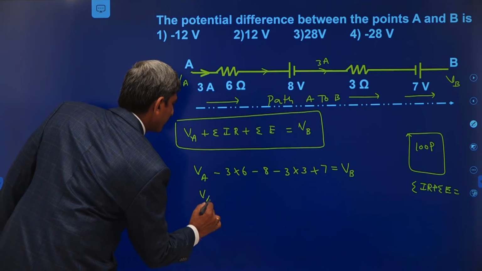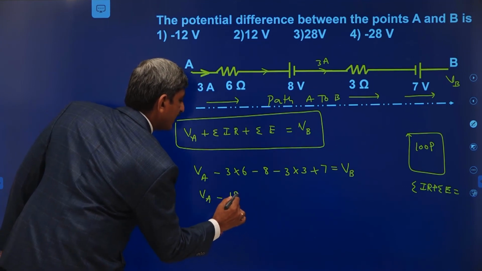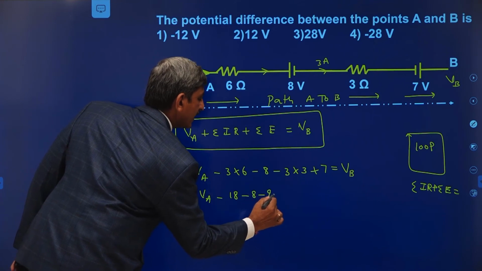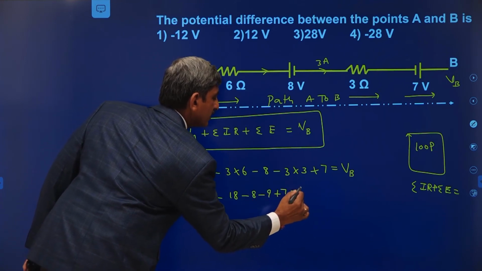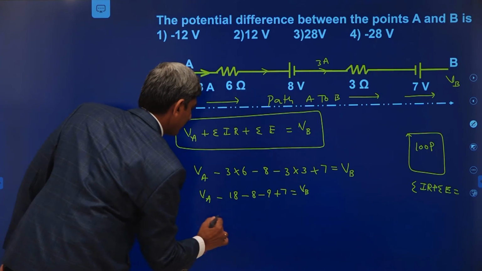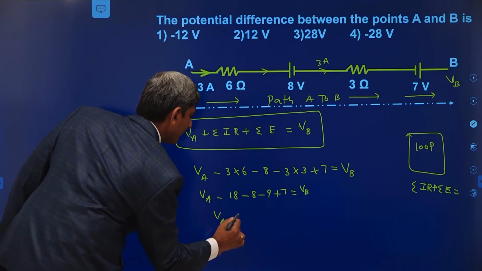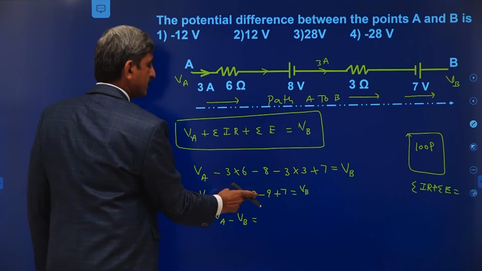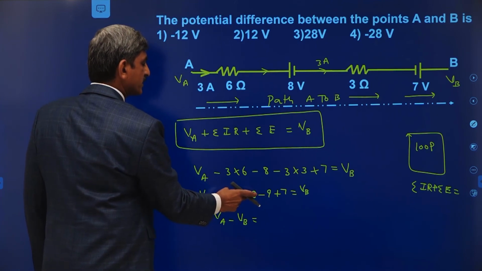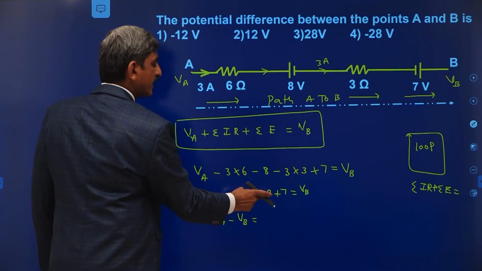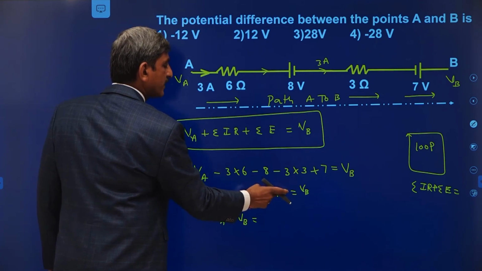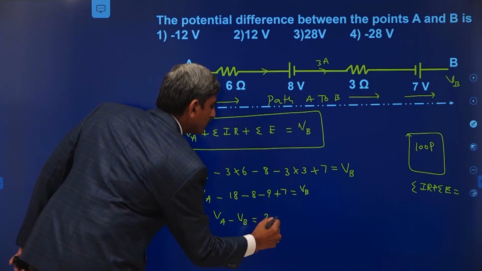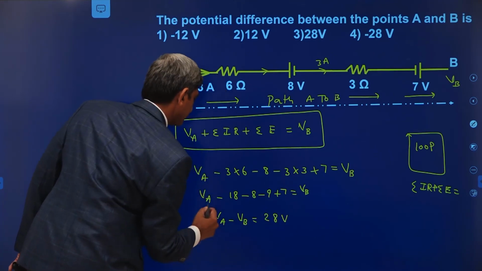So VA -18 -8 -9 +7 is equal to VB. From this, VA minus VB is equal to -18 -8 -26, -26 -9 -35, -35 +7 -28. By taking that -28 to that side, we have 28 volts.